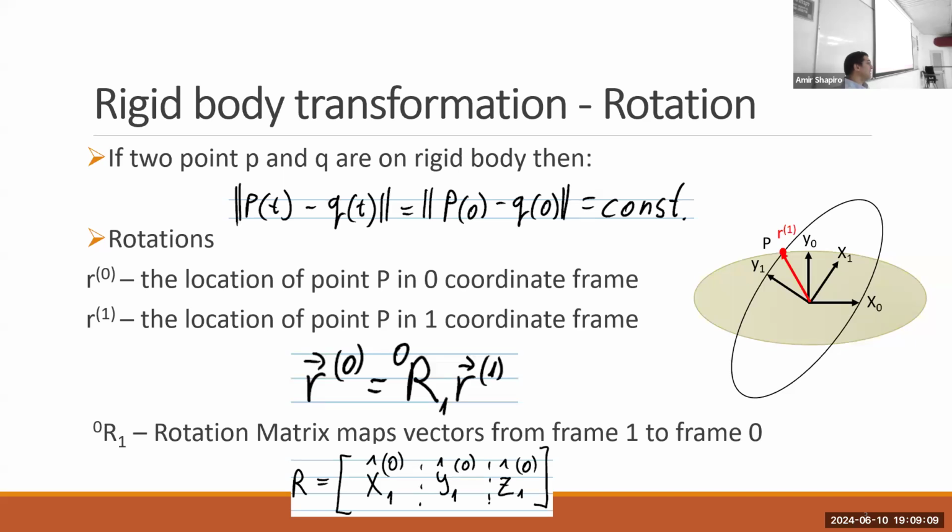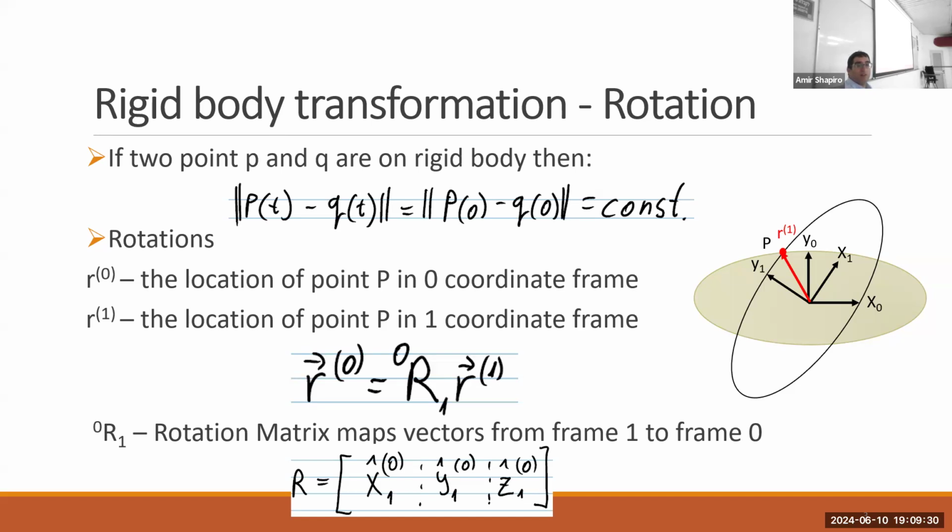Next, a little bit about rigid body transformations. A rotation matrix preserves the distance between points.